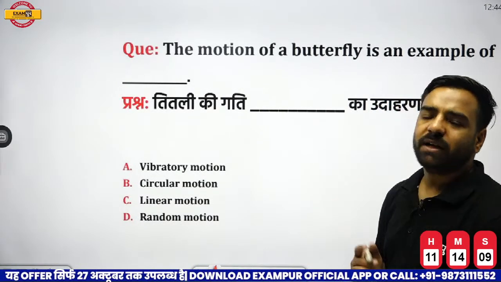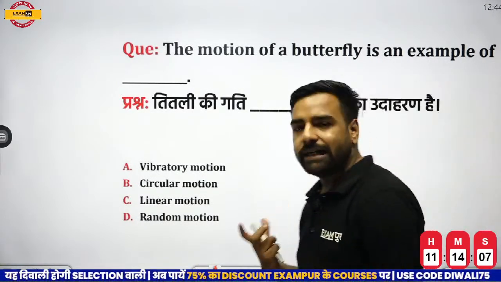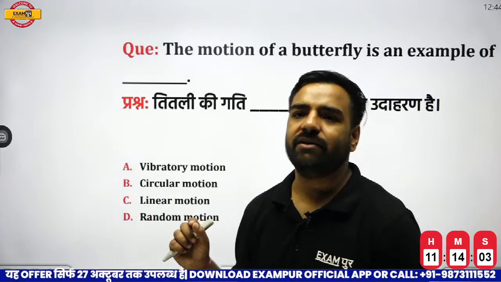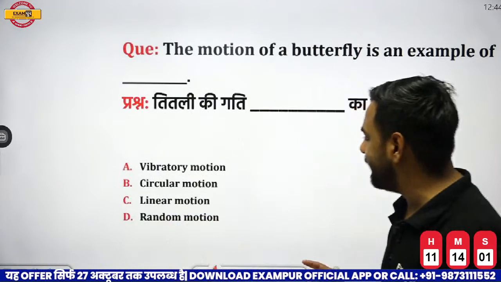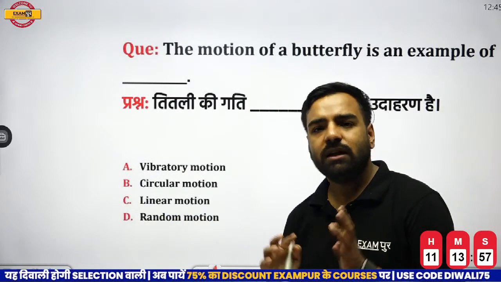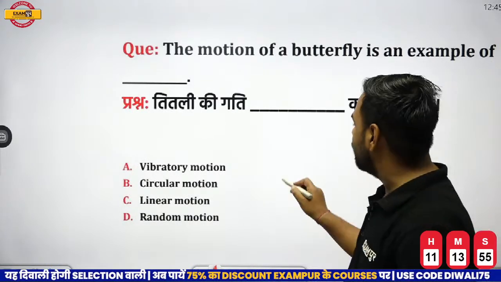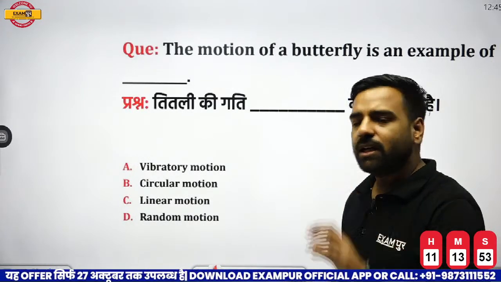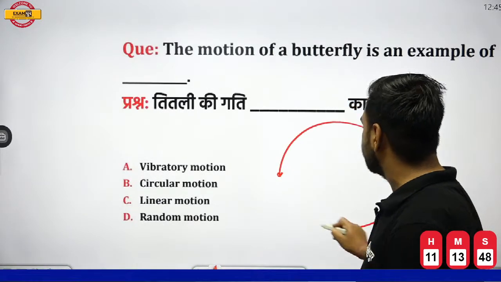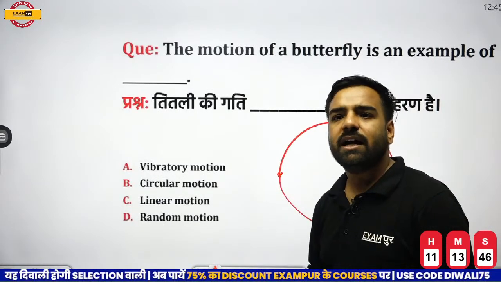If I talk about butterfly, let's try to understand this fact. When we're talking about butterfly, there is no such fixed direction, right? Albertson is going with D, that is random motion. So maximum of you are going with D. Vinod, let us assume any of the butterflies which we have seen till now. Have you seen that a butterfly is actually moving in this direction? I don't think so.